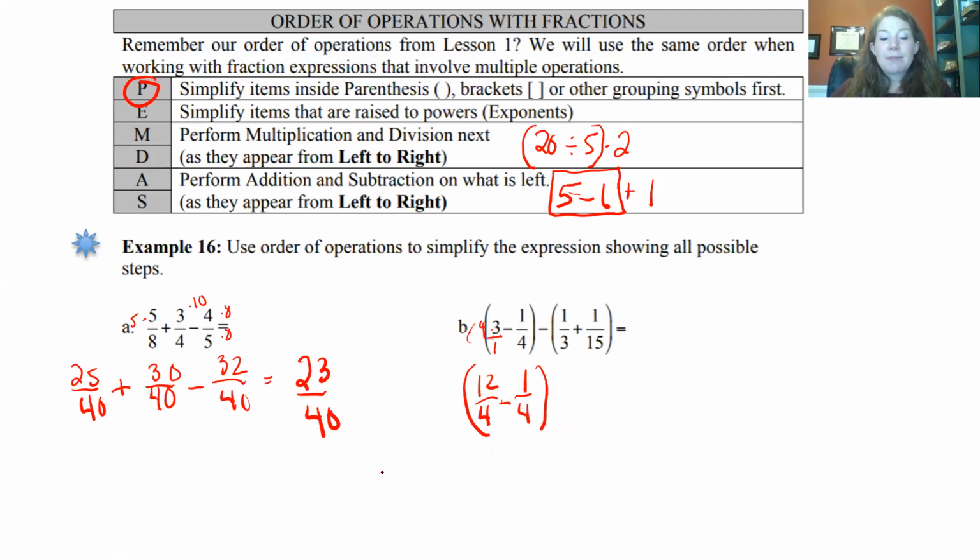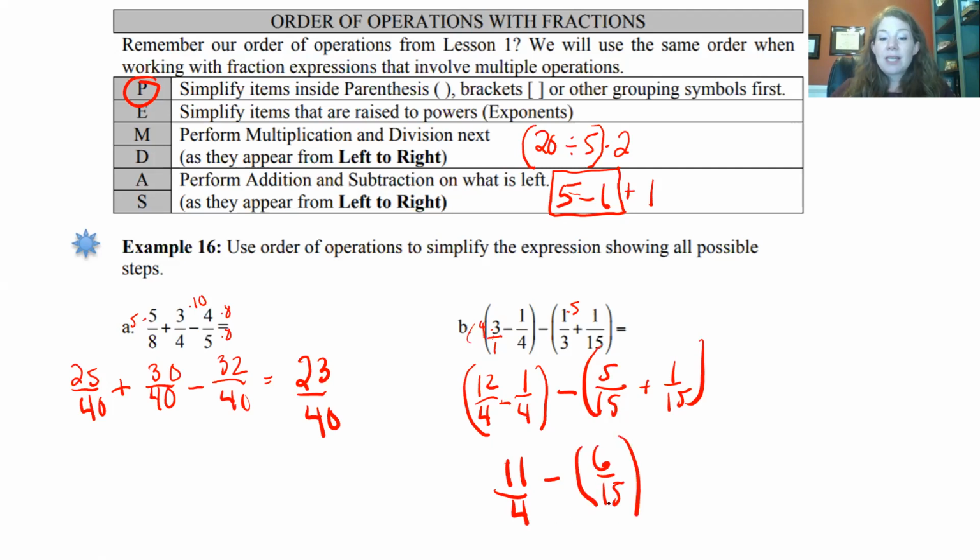There we go, 11/4. And now we're ignoring that subtraction sign right now because now we have to do what's in these parentheses. Well, 3 goes into 15 5 times. So we're going to multiply 1 times 5, and we get 5 plus 1/15. Well, 5/15 plus 1/15 is 6/15.